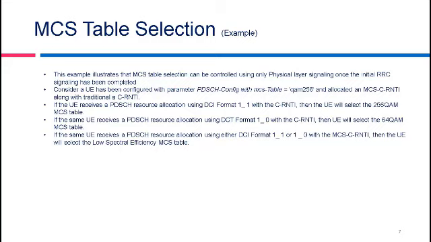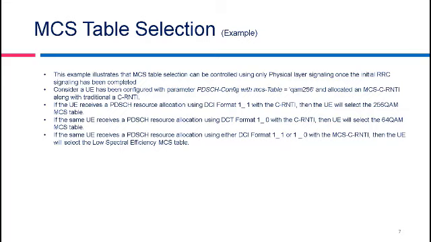If the same UE receives a PDSCH resource allocation using either DCI 1_1 or 1_0, but with the MCS C-RNTI, then the UE will select the low spectral efficiency table.